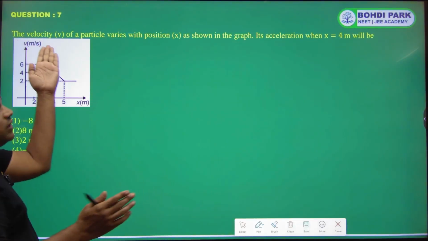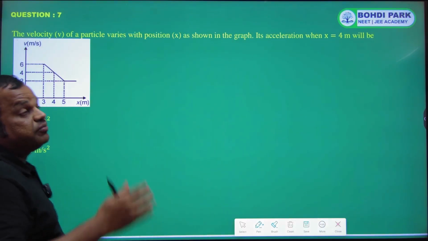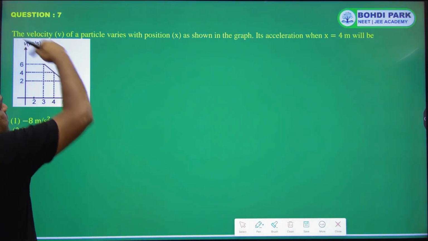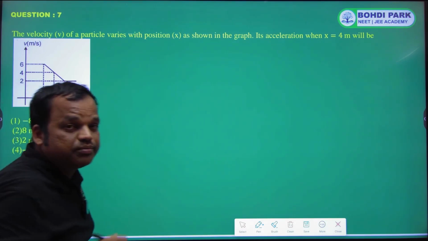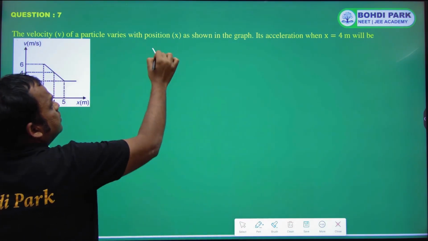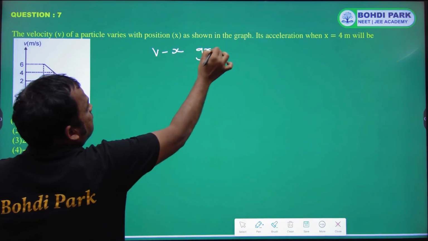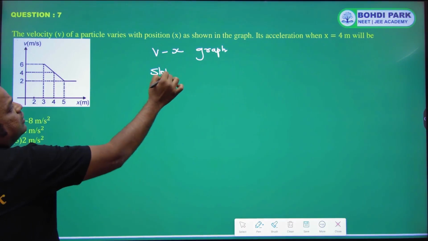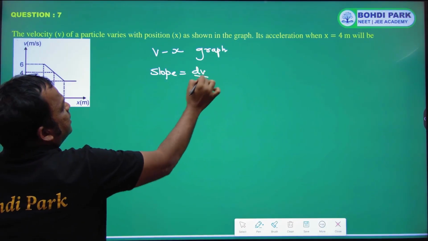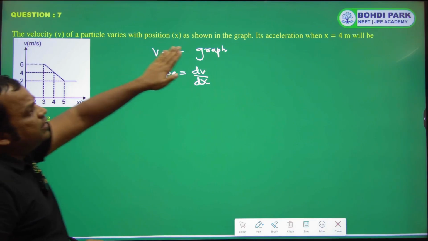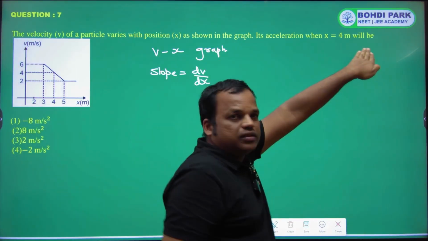Now, seventh question, it is the Vx graph. It is the velocity position graph. So slope will be dv by dx. Now, in this question, we have to find acceleration at 4 meter.